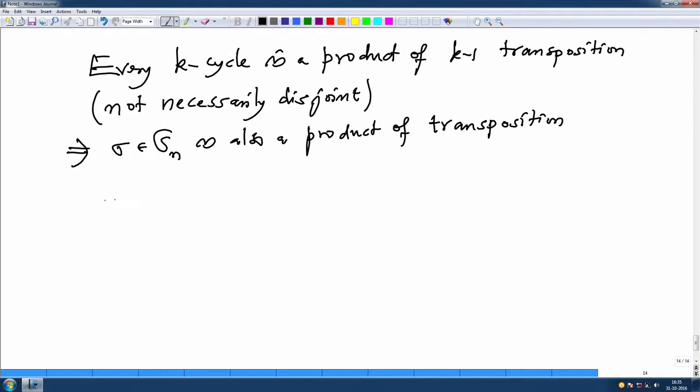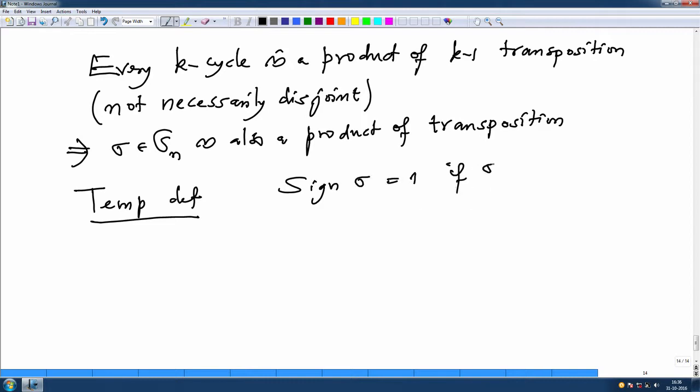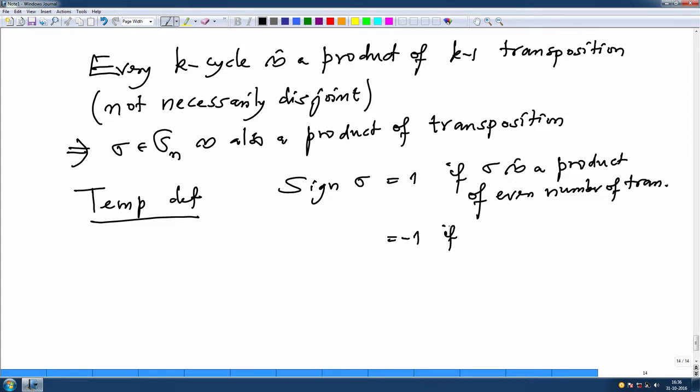This is a temporary definition I wanted to write: sign of sigma is 1 if sigma is a product of an even number of transpositions, and minus 1 if sigma is a product of an odd number of transpositions.